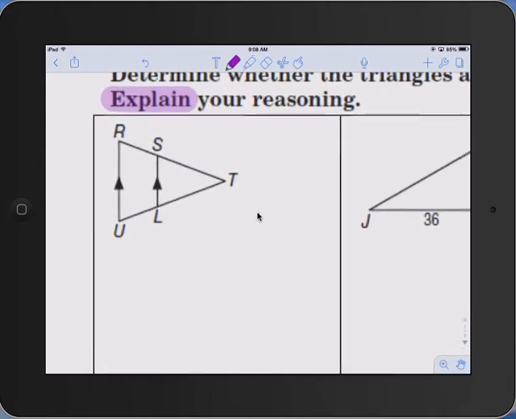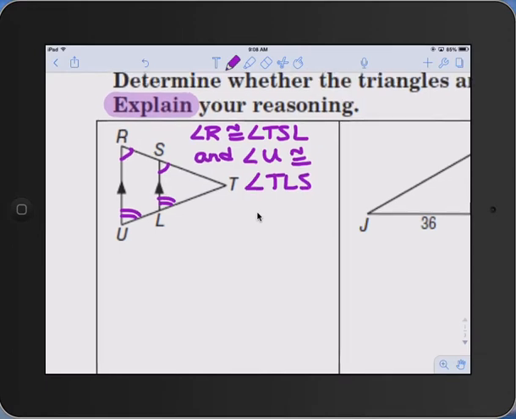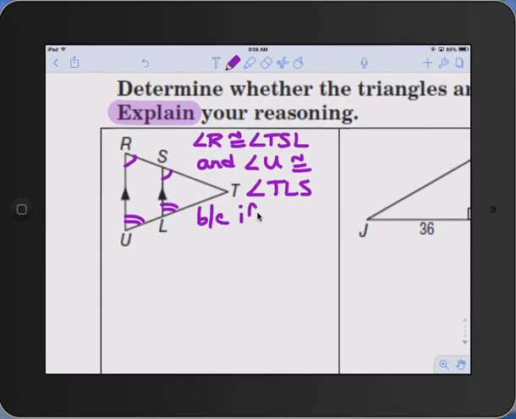Okay, so we're going to use what we know about parallel lines. These two angles are congruent and these two angles are congruent. What's the reason? Well, angle R is congruent to angle TSL, and angle U is congruent to angle TLS, because if parallel lines are cut by a transversal, then corresponding angles are congruent.